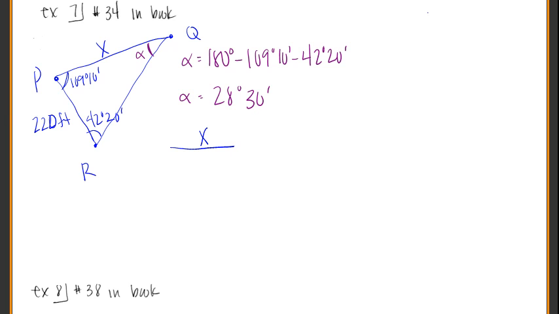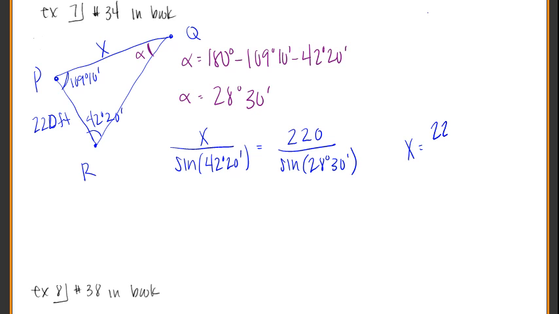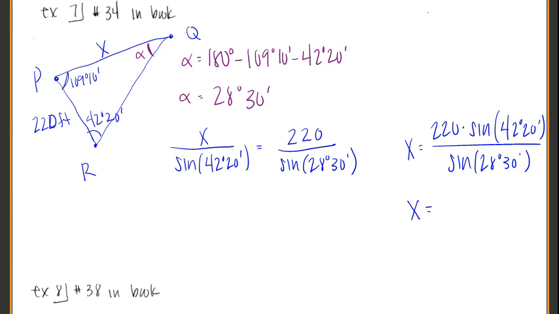So to solve the problem, I want to find x. So x over the sine of the angle opposite that, which is 42 degrees 20 minutes, should equal another side that we know. The only one we do know is 220 over the sine of the angle opposite that, which is 28 degrees 30 minutes. So x is going to be 220 times the sine of 42 degrees 20 minutes over the sine of 28 degrees 30 minutes.